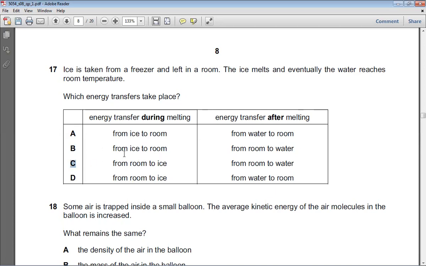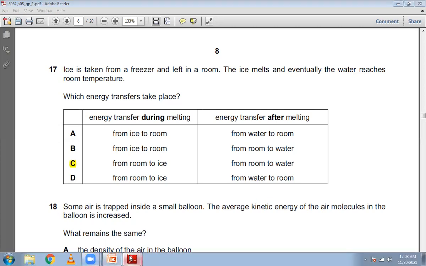I think C is the best option: the heat will be transferred during the melting from the room to the ice, and after melting it will still be from room to water, because the water will be very cold, so it will absorb the heat from the surrounding. So question number 17, C looks the best option to me.